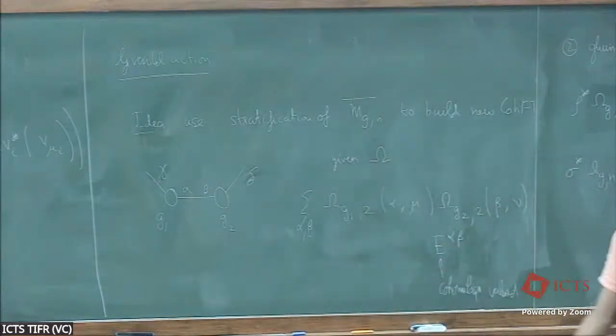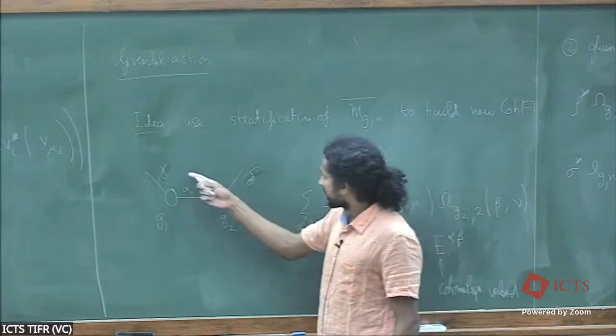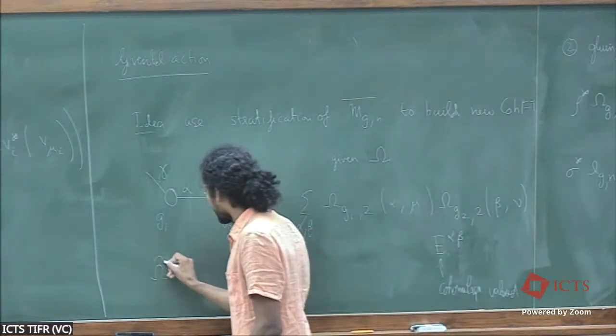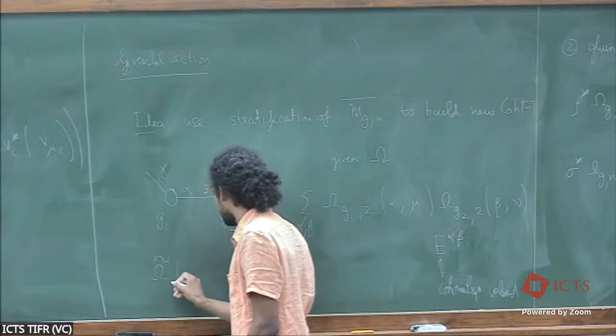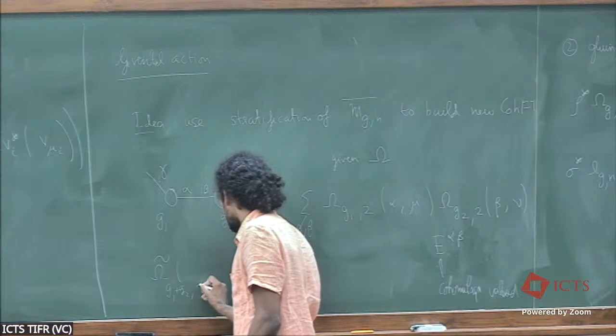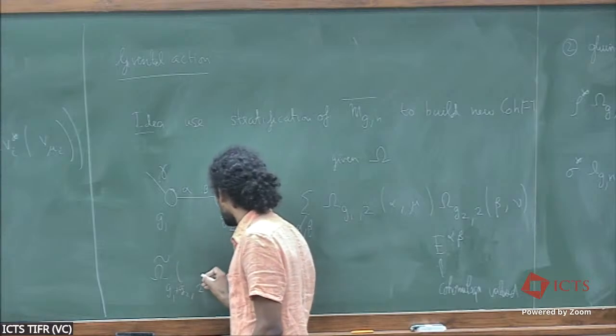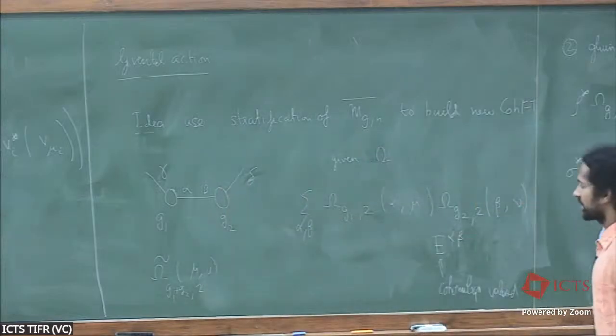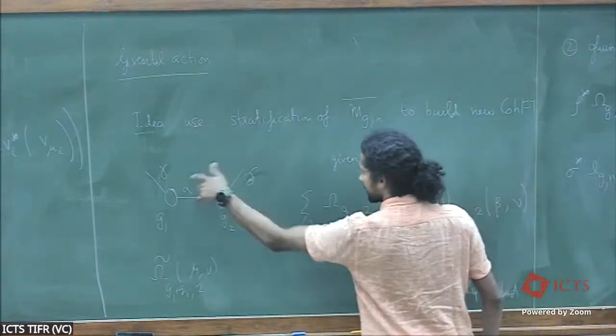On the leaves, I can do somehow the same thing. At the end of the day, I want to get some cohomology class that's like omega tilde_{G1+G2,2}, let's say mu nu. So then I can put something on the leaves, on these half edges.